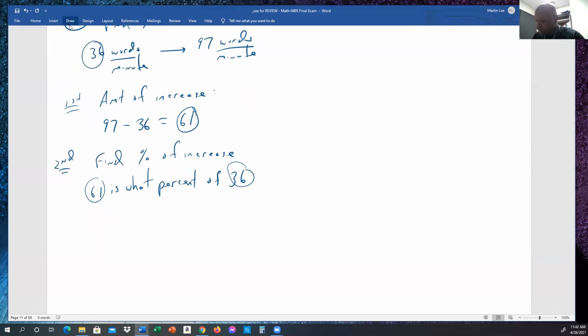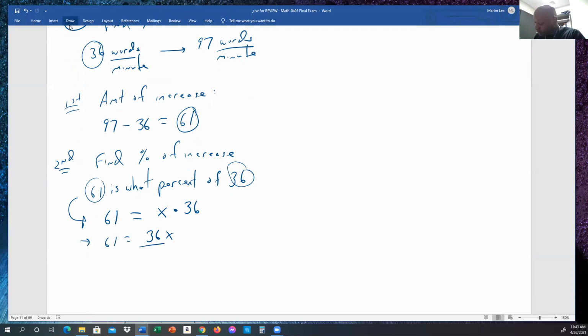Let's translate this to something we can solve. So 61 is what percent of 36? You have 61 equals 36 times x.